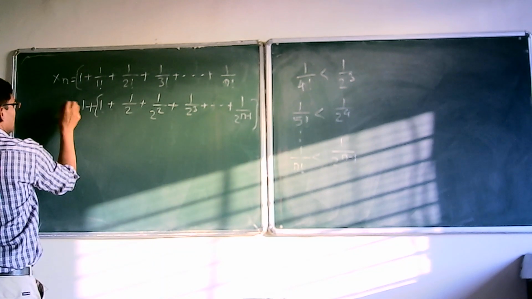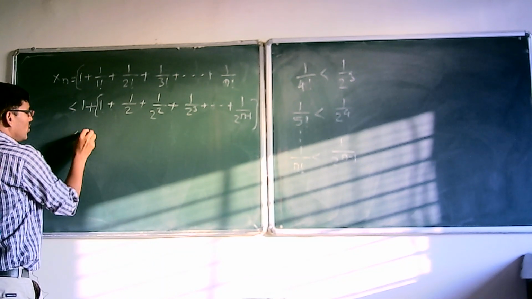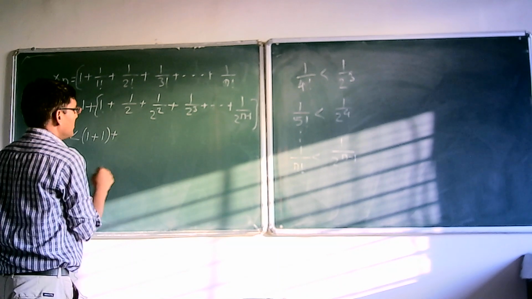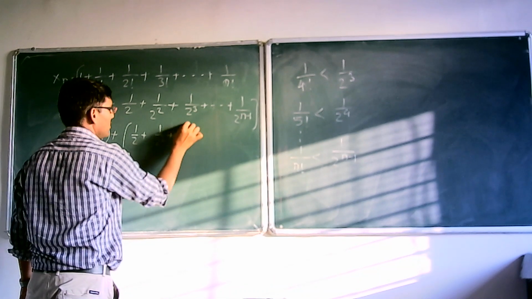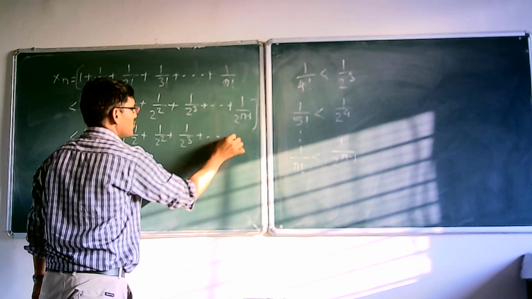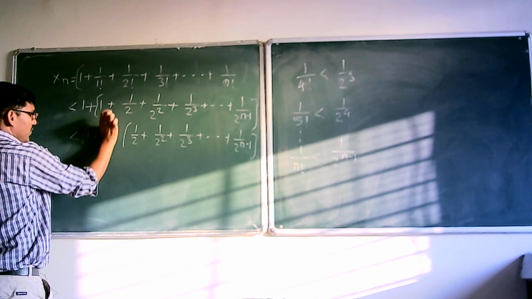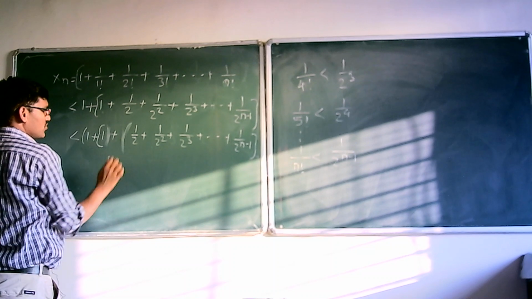All these terms are less than or equal to this. We are writing this 1 also here, 1 plus 1 by 2. So what is the first term?